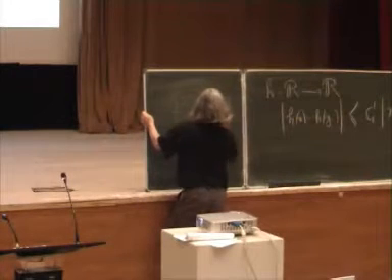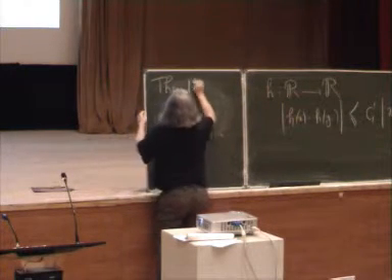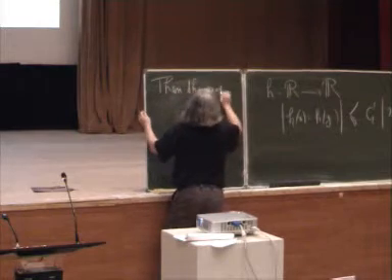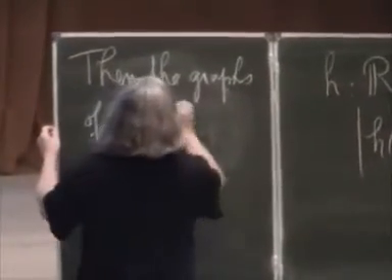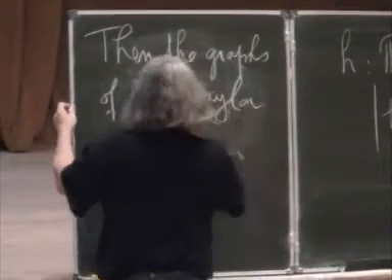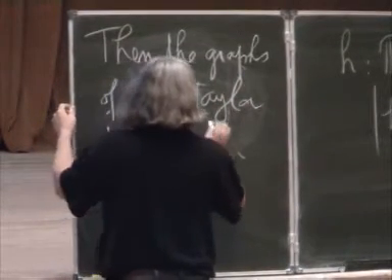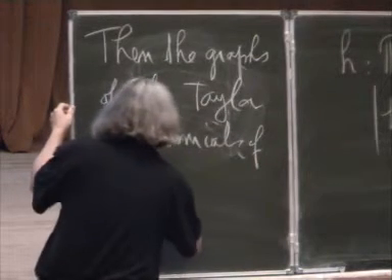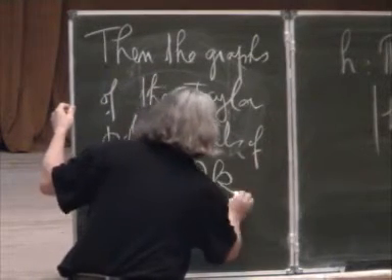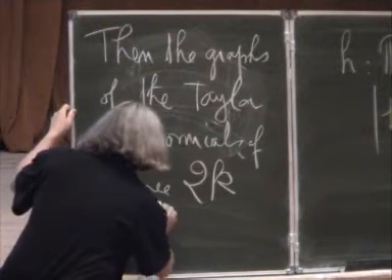It should be: then the graphs of the Taylor polynomials of degree less than or equal to 2k don't intersect, are disjoint.